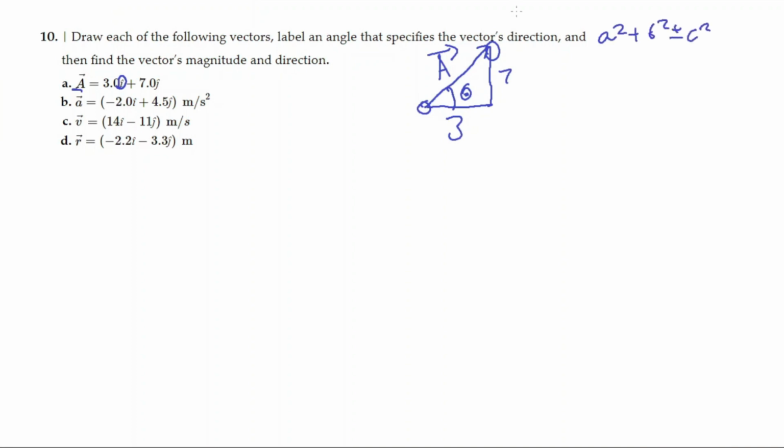So a squared is going to be 3 squared, b squared is going to be 7 squared, and that's going to be 9 plus 49, which is equal to 58, and we would just square root that. 58 would be equal to c squared, or the square root of it. So the magnitude of A is equal to the square root of 58, and the direction is given by theta.